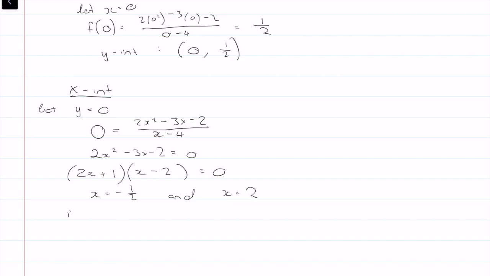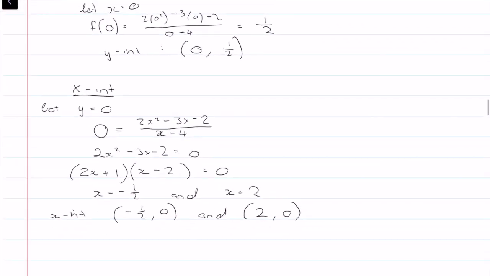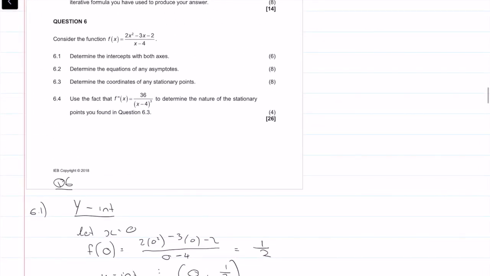So our x-intercepts are going to be minus a half and 0, and 2 and 0. And that is the answer to 6.1, and we get ourselves 6 marks for that.